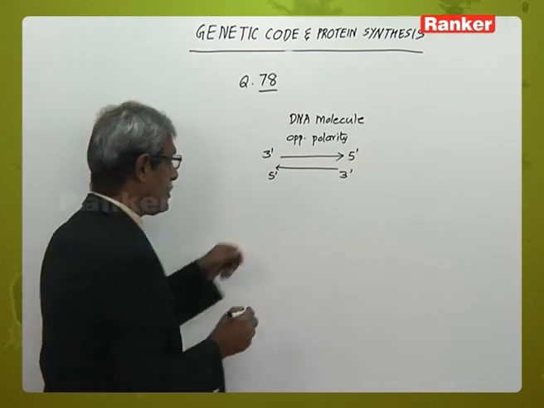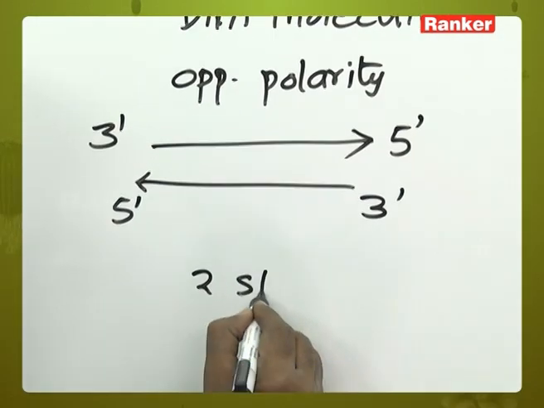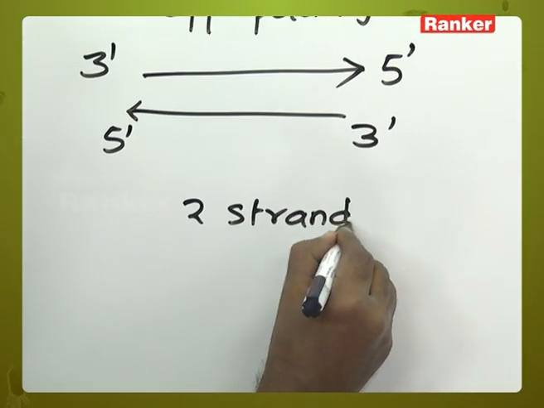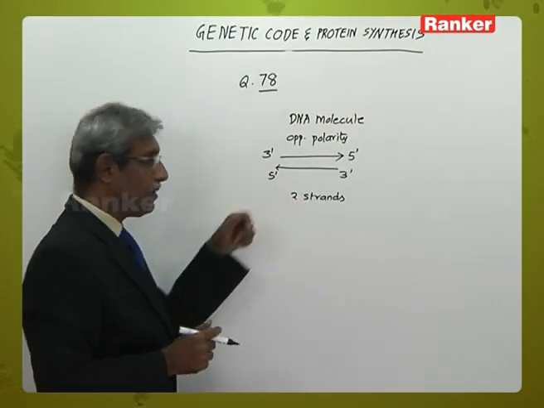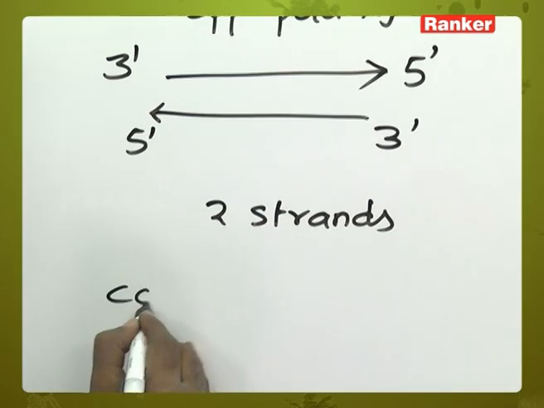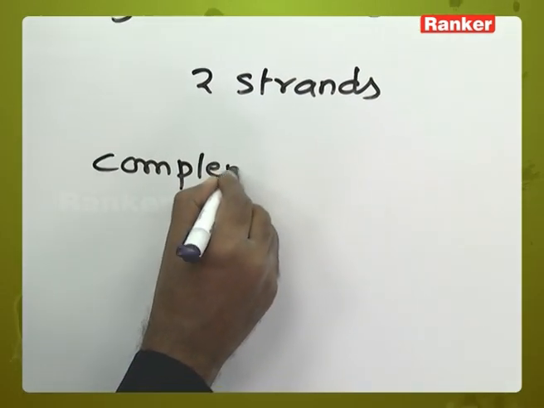Thereby, there are two strands showing opposite polarity, and because it shows opposite polarity, this is the basis for complementary base pairing.